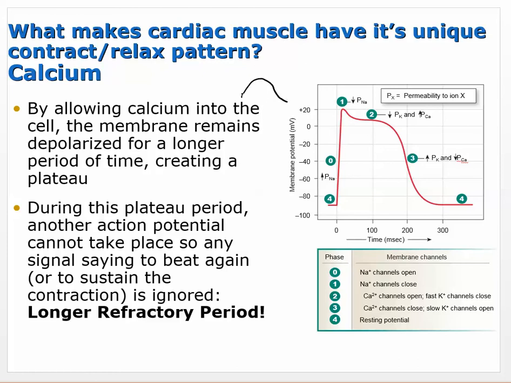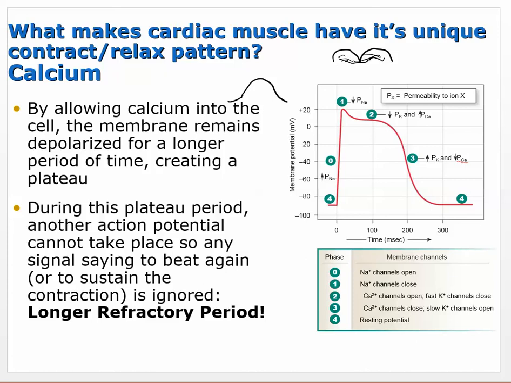The way the body has figured out to do that is when the first action potential comes, it's communicated to all of these cells in the myocardia. If we focus on the atria for a minute, all of the cells in both atria are depolarizing at the same time, but they also leak to each other. We don't want one to depolarize and then send a signal back and all over the place, so that all of the heart muscles are confused.